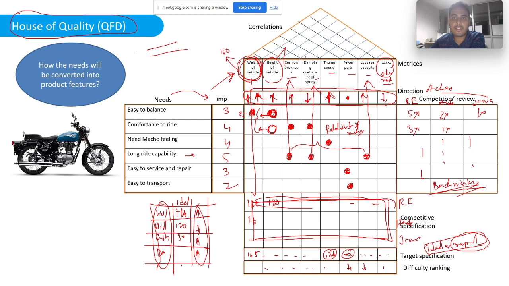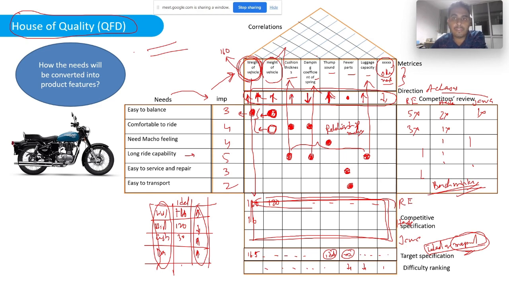Okay, so this is the matrix, this is the direction of change for getting these marginal values. One more thing is, since you have not considered the interdependency or relationship between the metrics, there may be positive correlations or negative correlations. Because of that also you need to change these values.